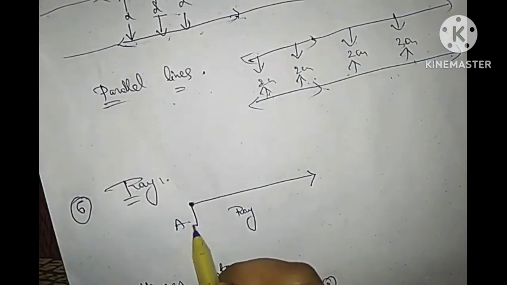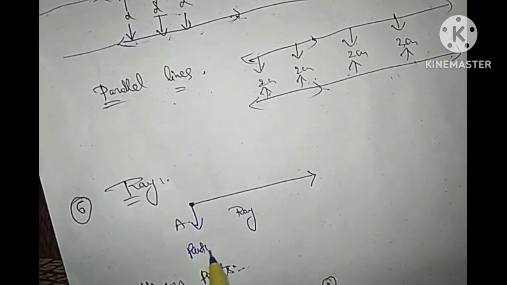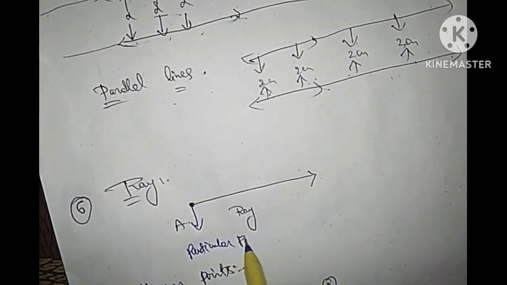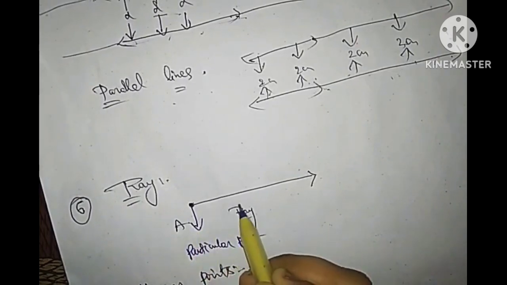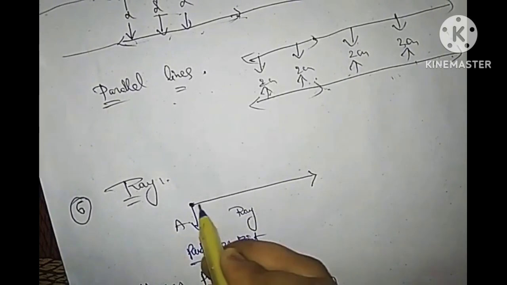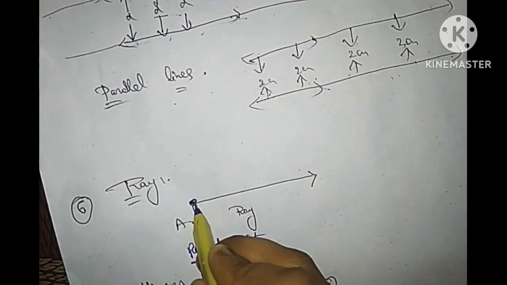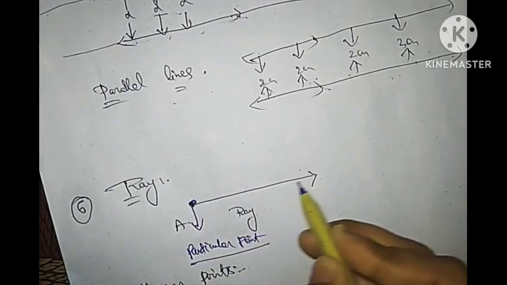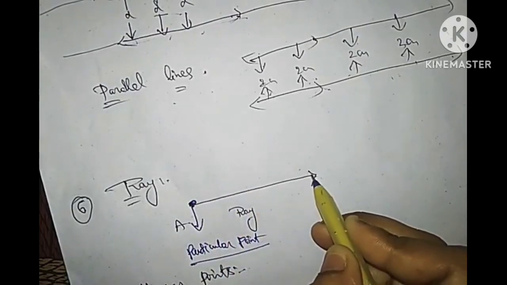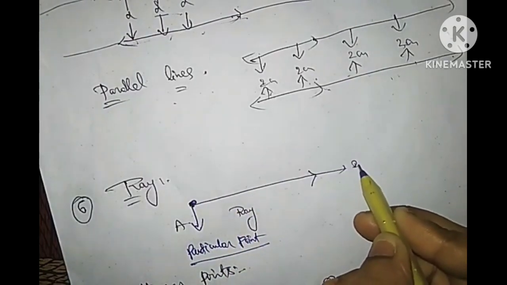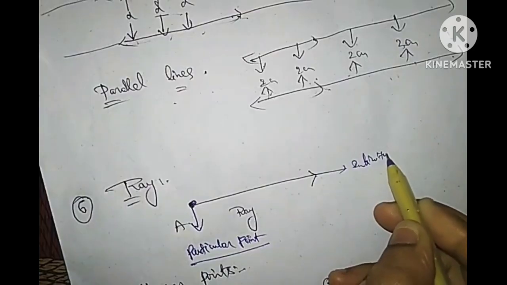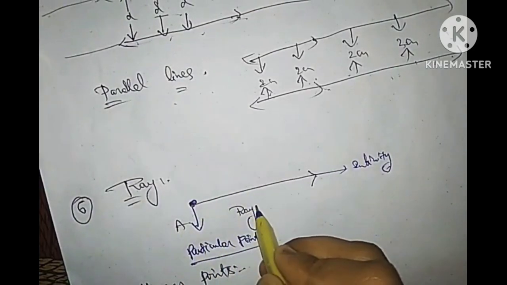See, in a ray this is a particular point from where we start to draw a line. In a ray, one point is a particular or fixed point. From this point we draw a line which can be extended up to infinity, and that is our ray.